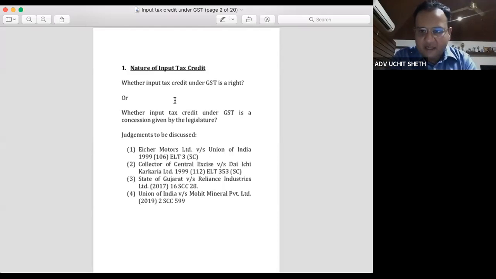But from the legal perspective, the question is whether I can claim the credit of the tax which I paid on the purchase side or on the input side by way of a right, or whether this credit is a form of a concession which is given by the legislature. Here we need to understand that while tax credit is a right, it is a right which is arising from the statute itself.